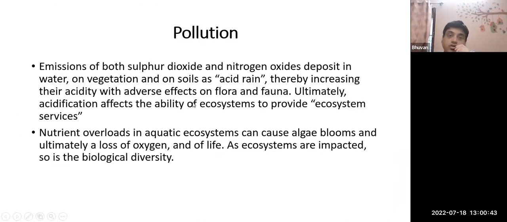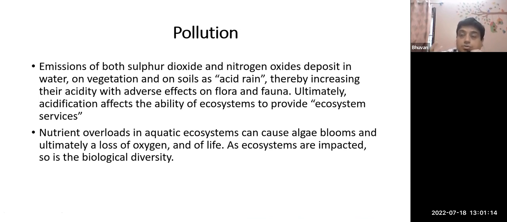Next is pollution. If we talk about pollution, air pollution and associated with it, the phenomenon of acid rain. Acid rain is impacting the aquatic habitat, and it is also changing the chemistry of the soil. When acid rain deposits on the vegetation, it kills the vegetation, and when it gets deposited in lakes and ponds, it changes the pH of the water.